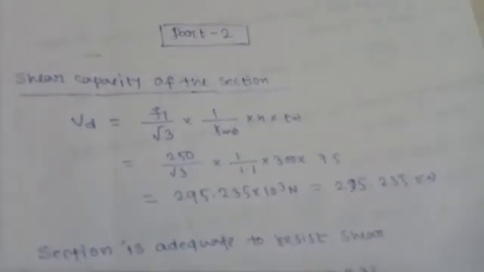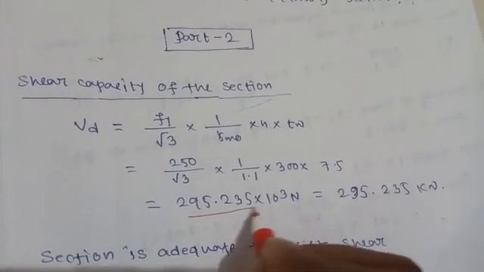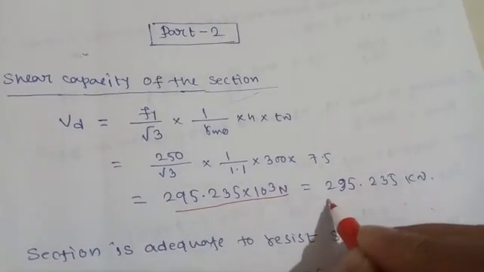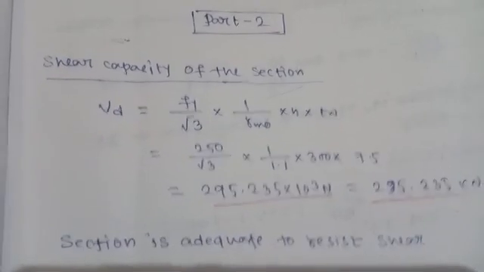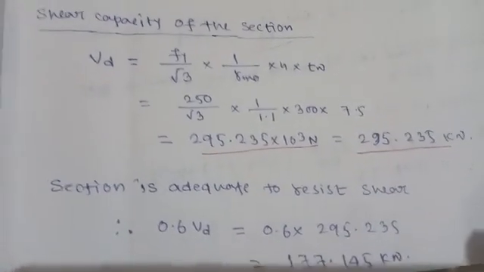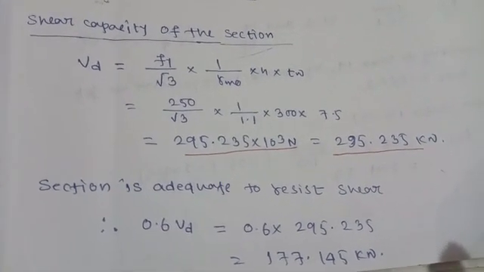Changing the unit, we get 295.235 kilonewton. So the section is adequate to resist shear.